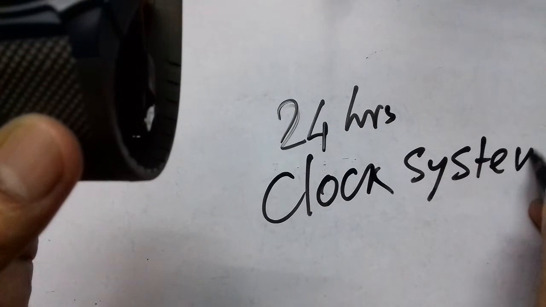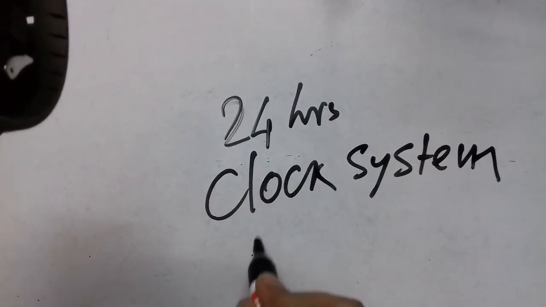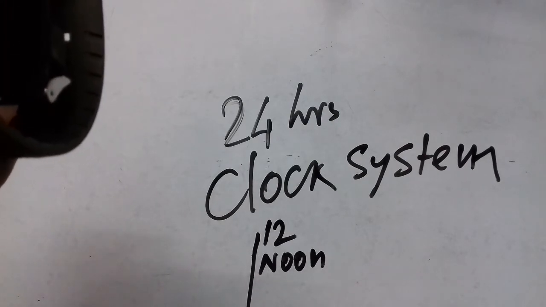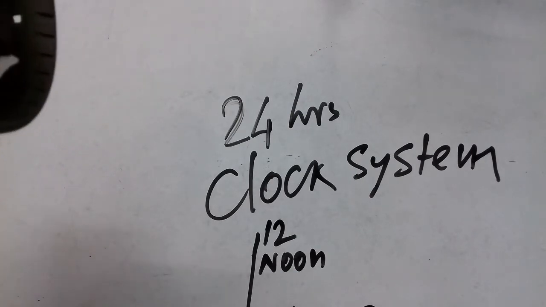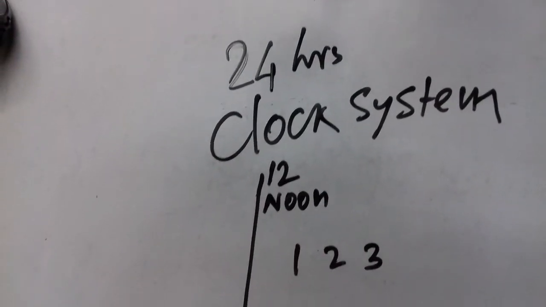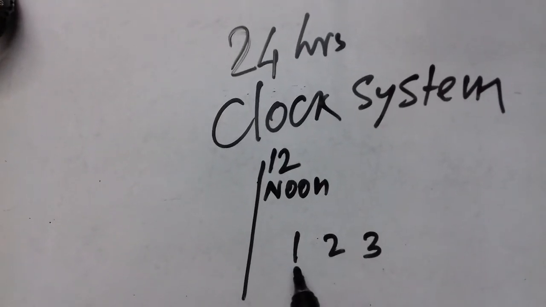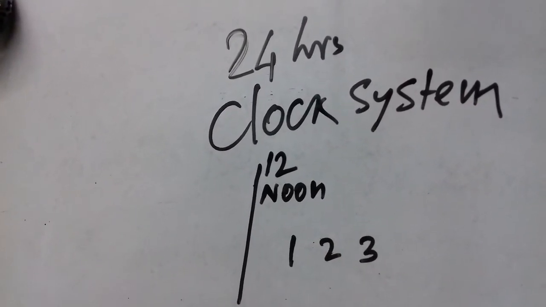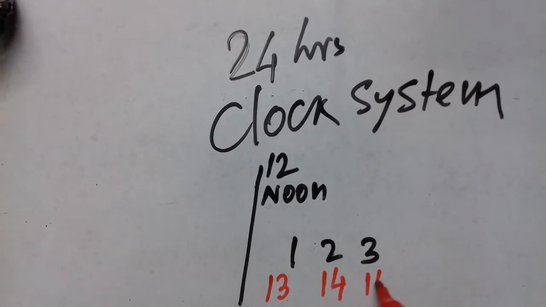But what does it mean? After 12 o'clock at noon, instead of writing 1, 2, 3, we go on adding all these hours to 12. So after 12 it will become 13, it will become 14, it will become 15, and so on.